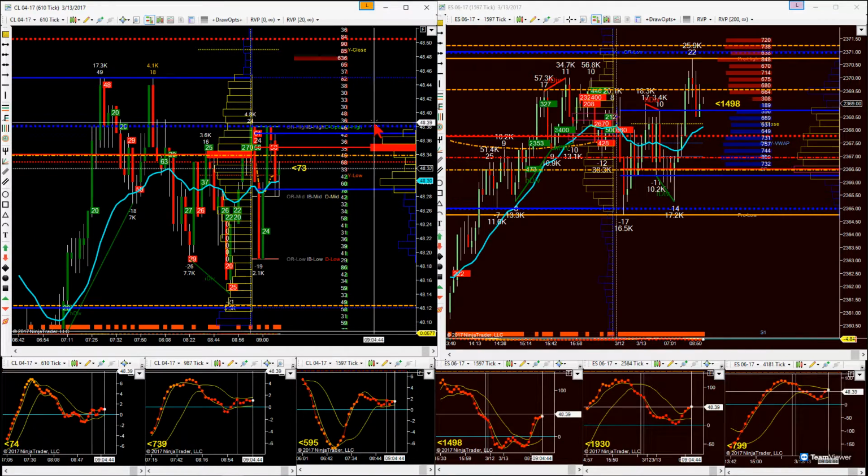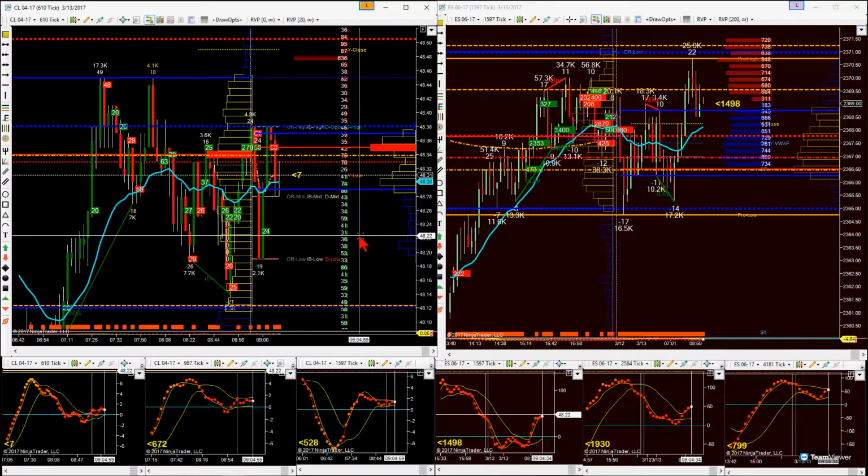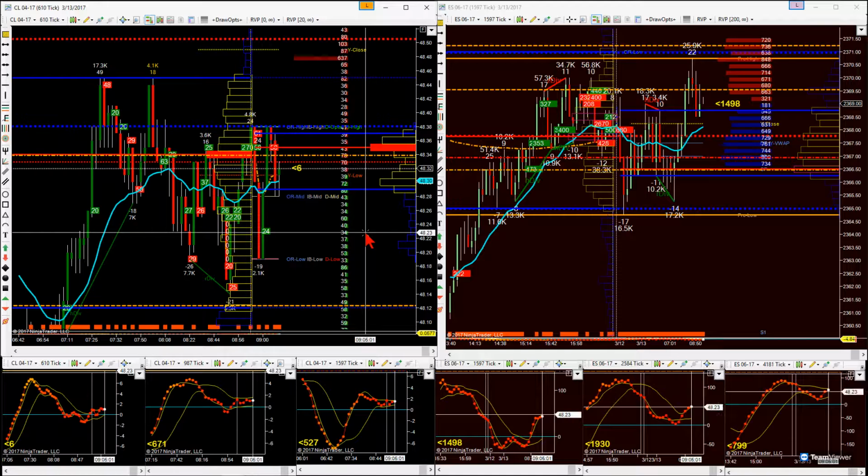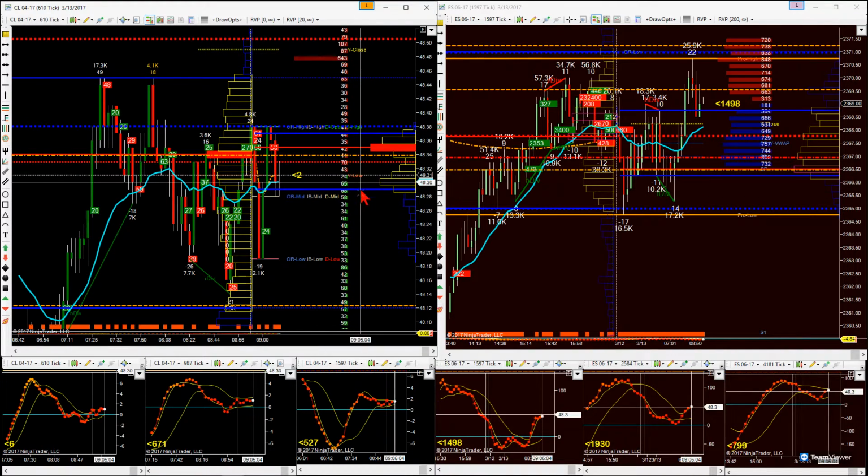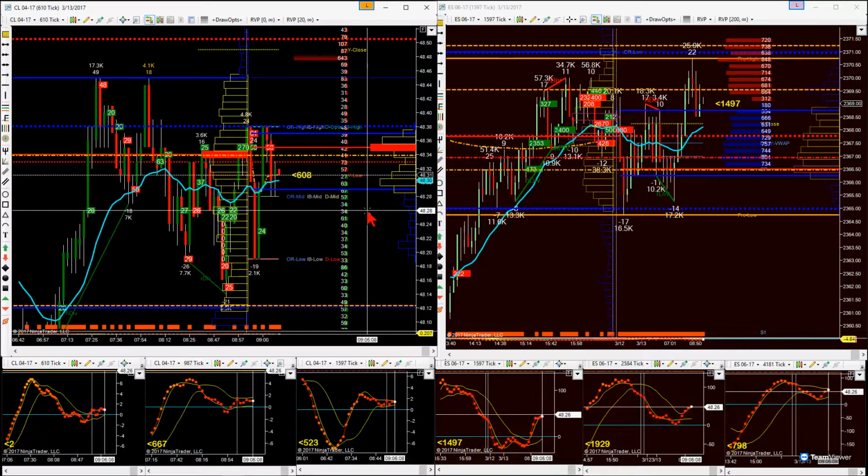You're under 40 contracts on many of these levels on the inside, on the depth of market. So we saw these levels upwards of 100 per level, but now we see how thin it's gotten. So we have to pay attention to that.